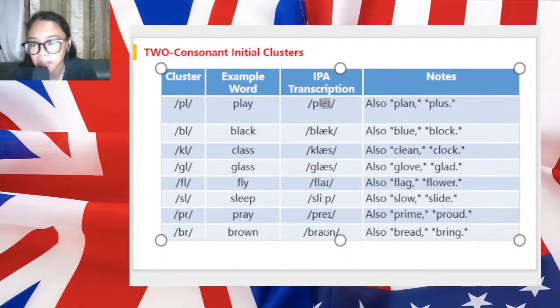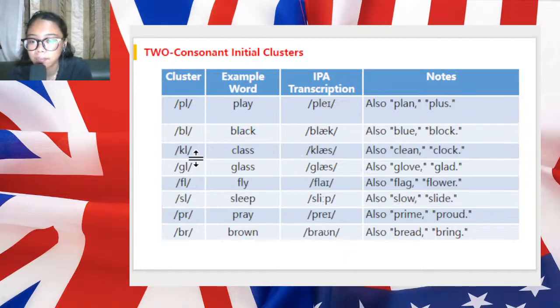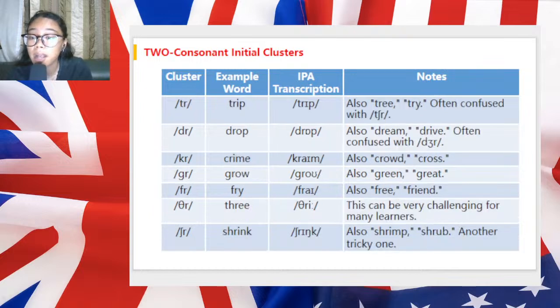So vowel sound plus vowel sound, we get a diphthong, and the vowel sound here is A. Next, bl, black. cl, clean. gl, glass. fl, fly. sl, sleep. pr, pray. br, brown. tr, trip. dr, drop. cr, crime. gr, grow. fr, fry. thr, three.